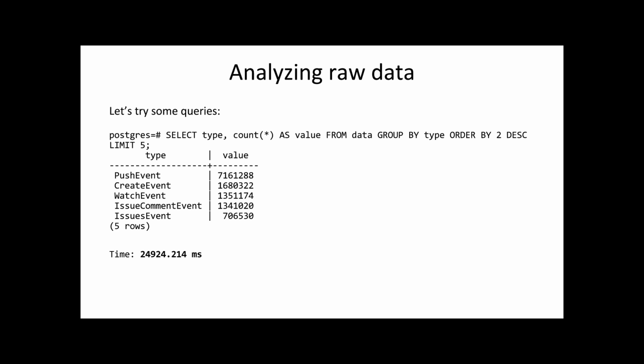Now, let's say we took an example where we loaded all of January into this table and then ran a query of, well, what if you just want to know the number of events by type across all that data for 1 month? If you run such a query on Postgres, it might take a while.